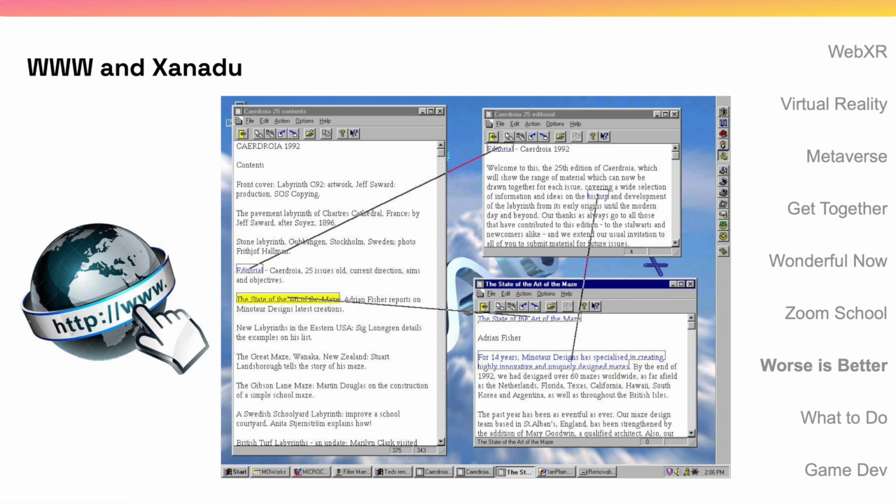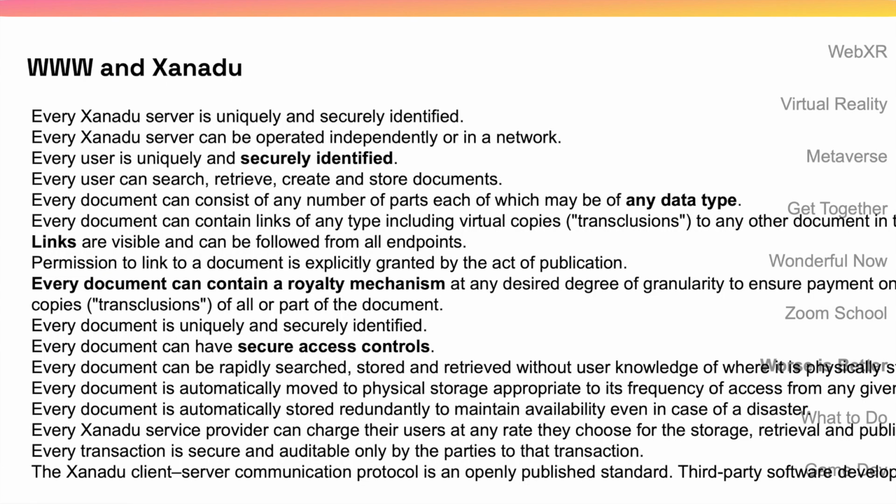So Xanadu had transactions built in from the start. And the idea was that if you added value to the network by writing something people wanted to read, you could charge them some amount of money every time they fetched that data and read that data, or included or transcluded that data on the internet. I'm not going to spend too much more time on this, but it's worth perusing the 17 original rules of Xanadu.